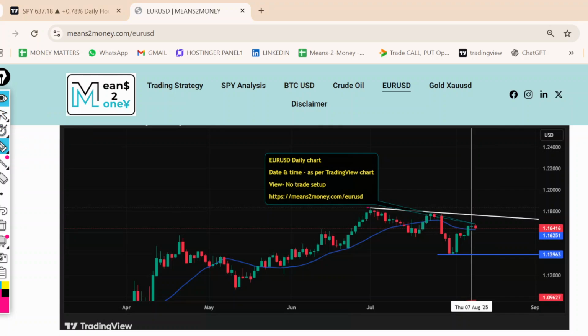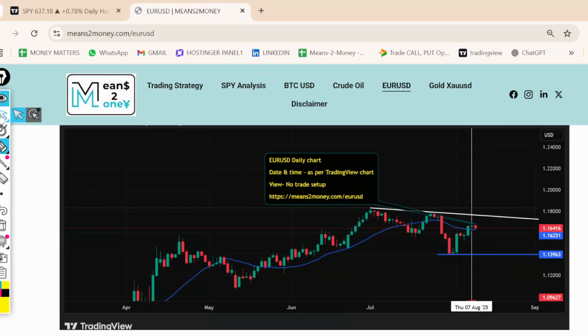As you can see, this trend line, market has to break this, take a support on the trend line, and it can go further on the long side. So this is what we are expecting in future.